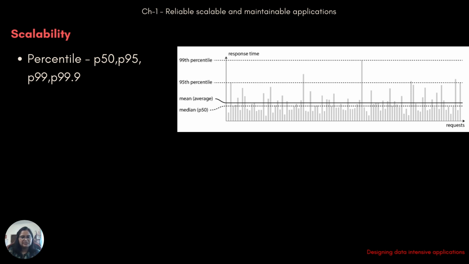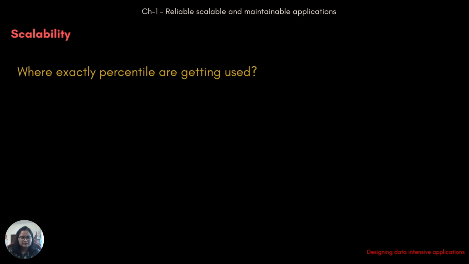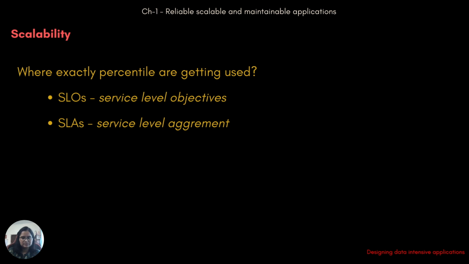Uptime is traditionally measured in nines. So remember, the more the nines, the better. Where exactly are percentiles used? Percentiles are often used in SLOs and SLAs, service level objective and service level agreement. What is an SLA?